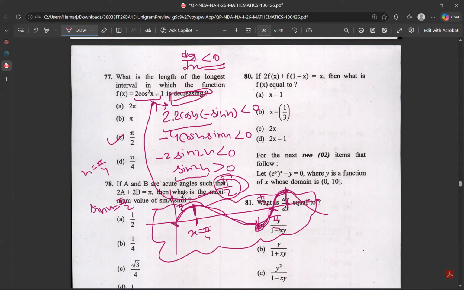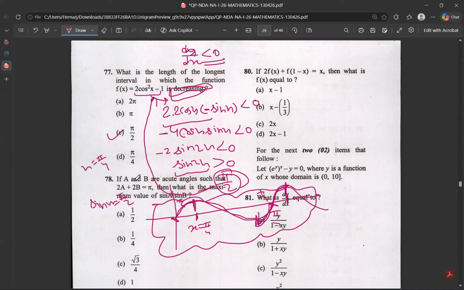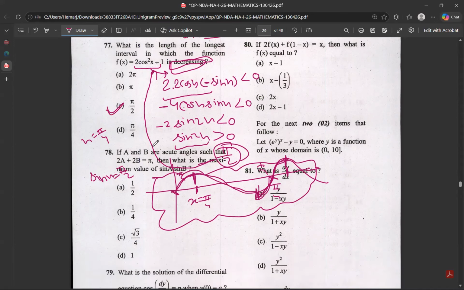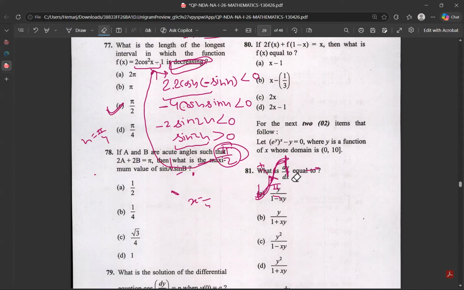So you can go back in the video, and if you have any doubt, you can clear it. But yes, the answer is pi by 2. Still, if you have any doubt, you can let me know. Okay, as of now, we can move ahead.